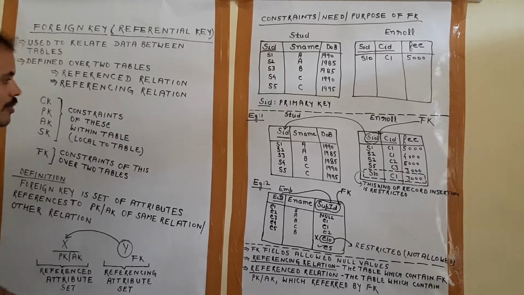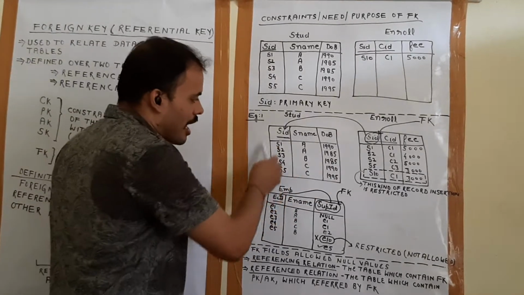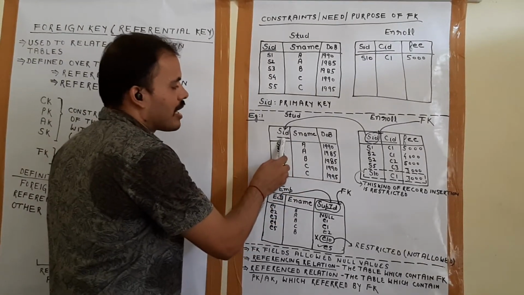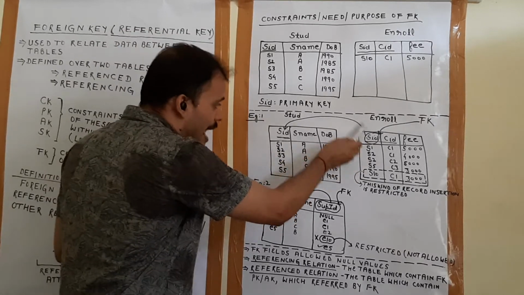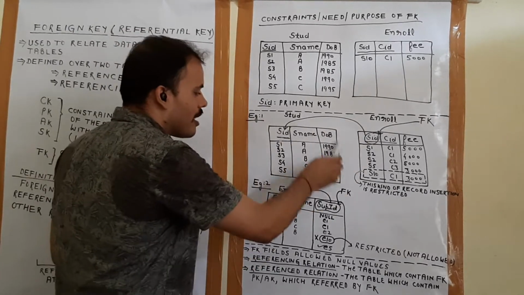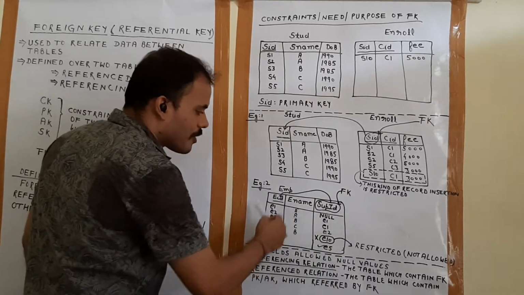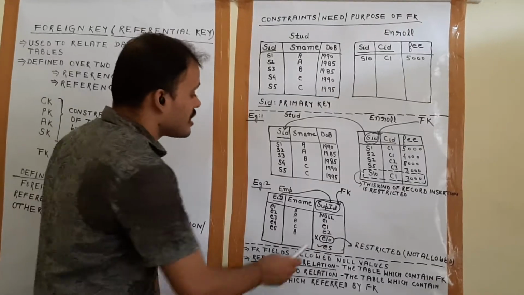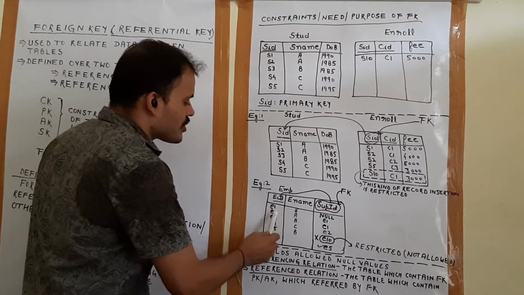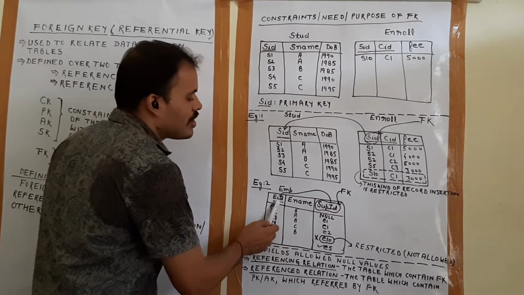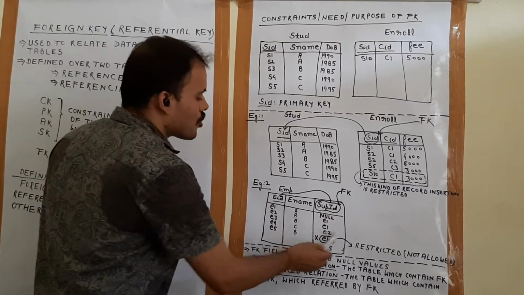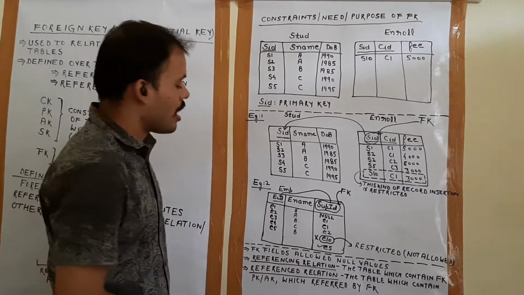The table which contains the primary key or alternative key which is referred to by the foreign key. This is also a referenced table. It is both referencing and referenced, because this table contains the primary key which is referred to by the foreign key. Understood?